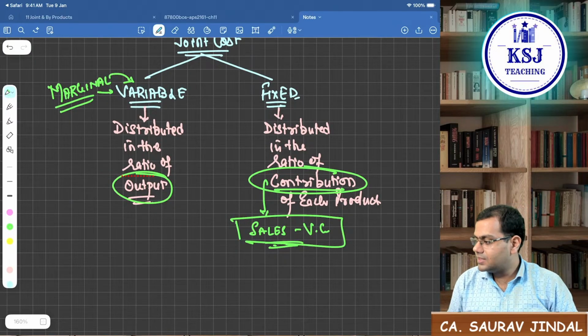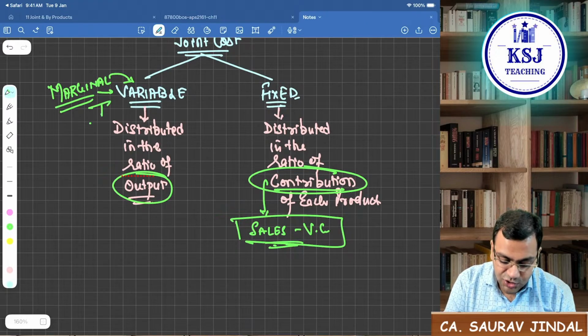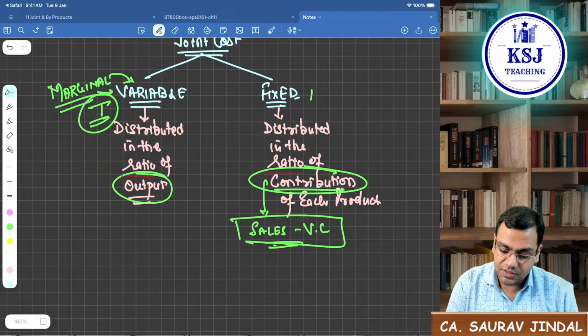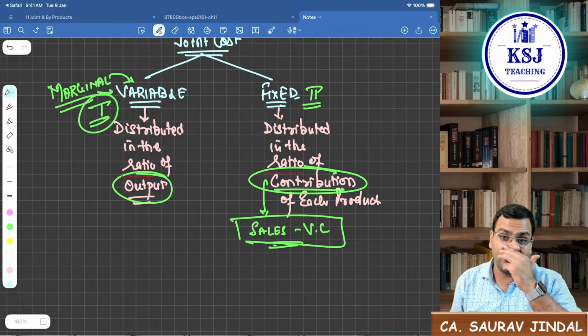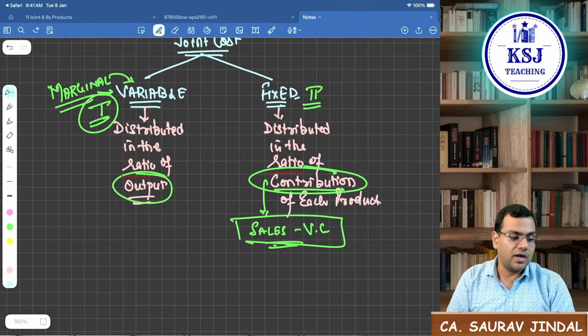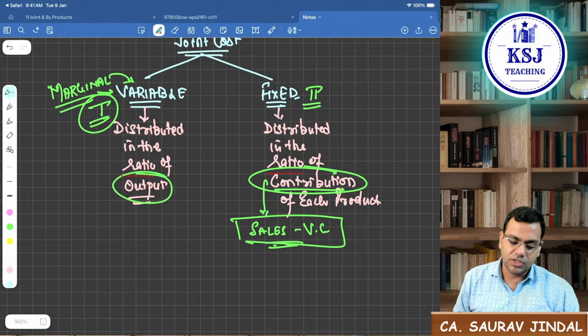So you first have to distribute the variable cost, then you can distribute fixed cost, because if you do not distribute variable cost, you cannot calculate the contribution of each product. So first, always distribute the variable cost.